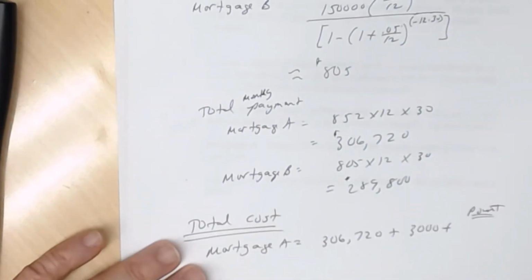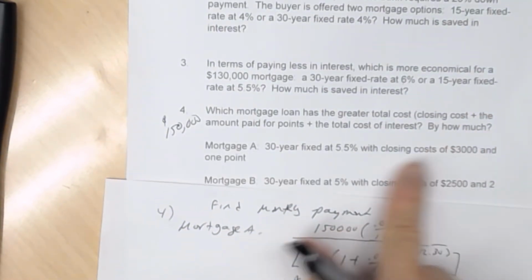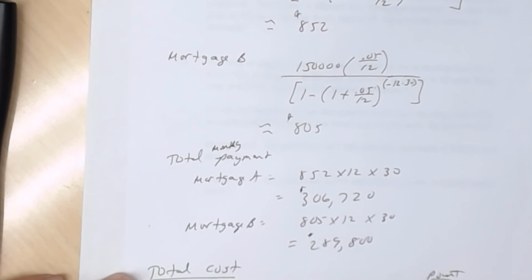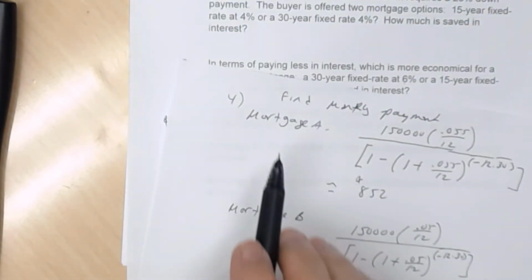And remember, a point represents 1%. So for this, it's 1 point. So it's 0.01 of the amount you borrowed.